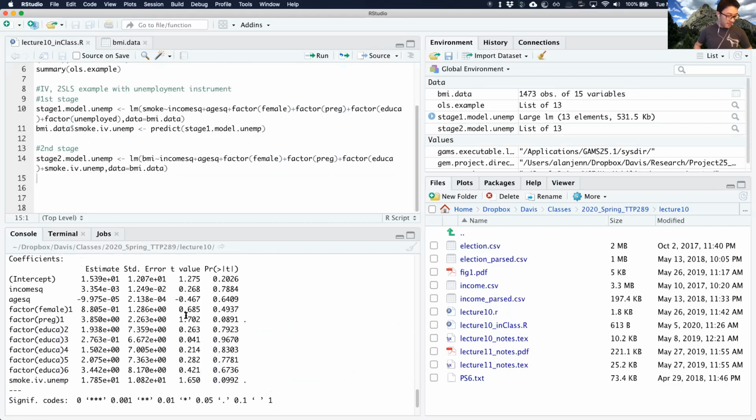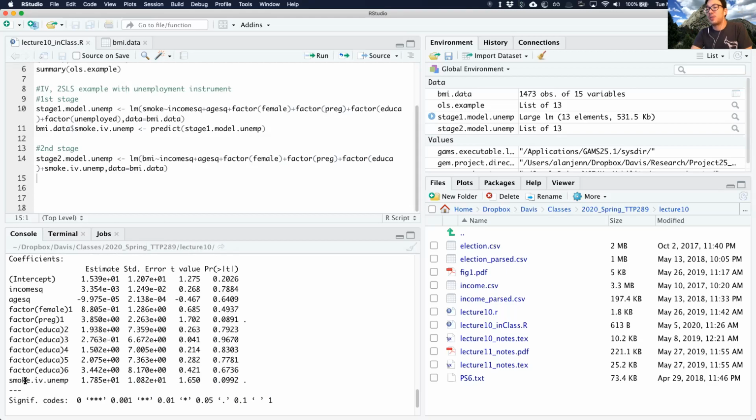So you may find that the results are now quite different from your ordinary least squares example.